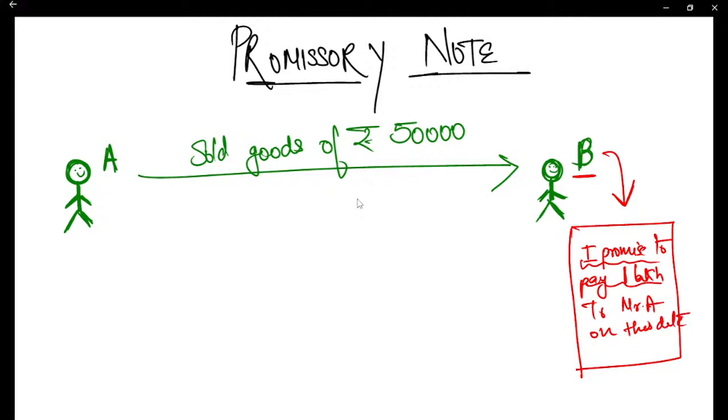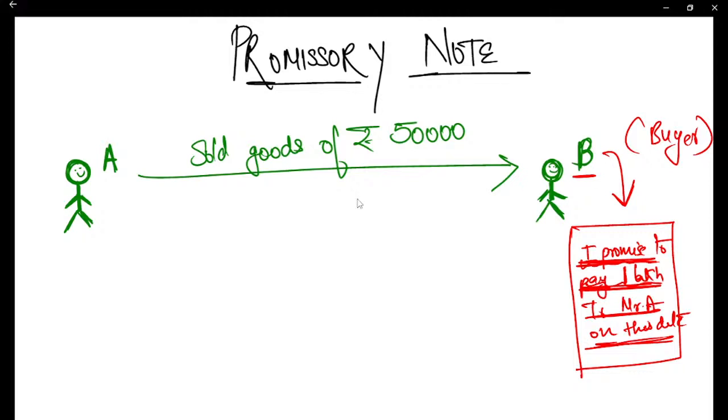So B, the buyer himself, is making an instrument in writing, and he is giving the promise that I promise to pay 1 lakh to Mr. A on this date. So this is not any order.